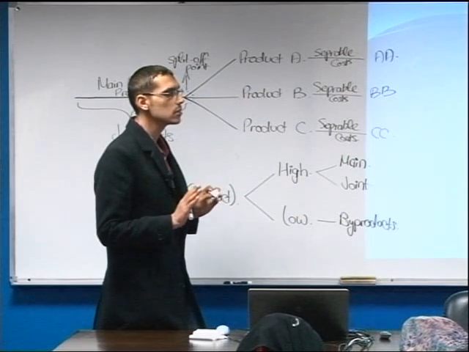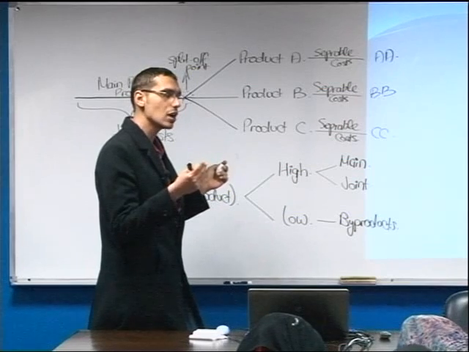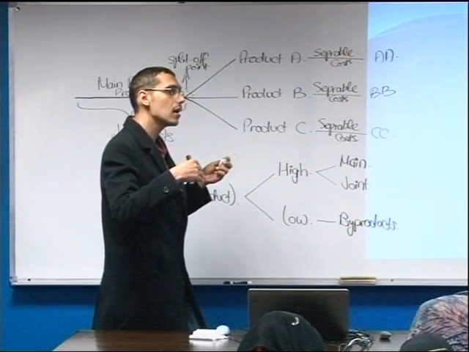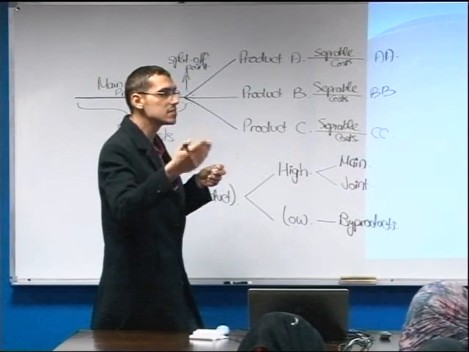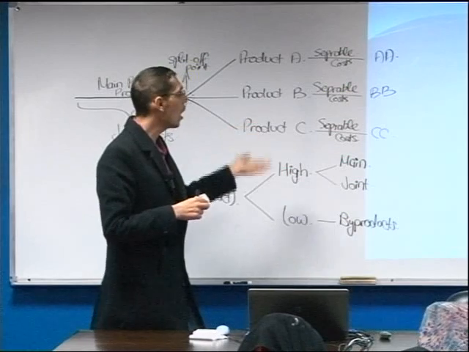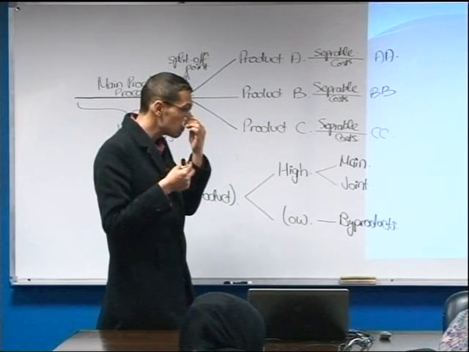Any questions? Of course, these are the terms in order to understand how we are going to allocate and why the methods that will be used along the way for the high and the low products. Any questions?